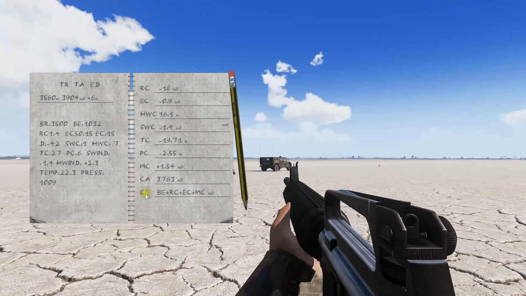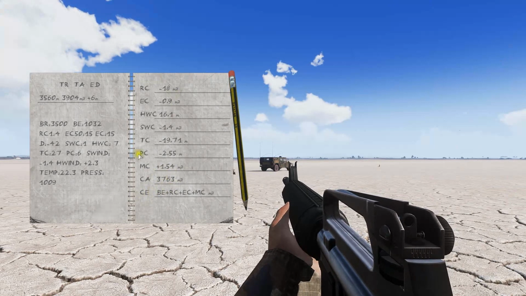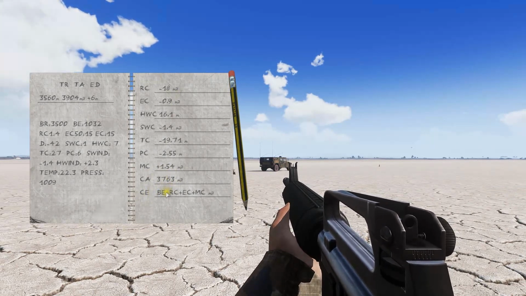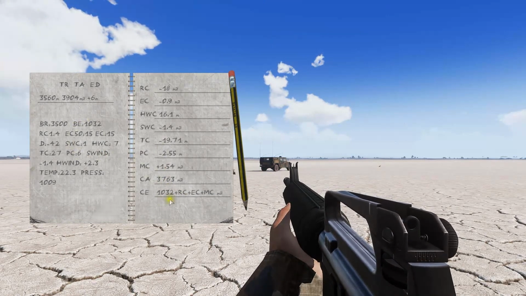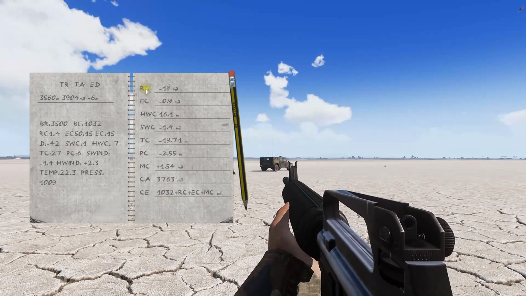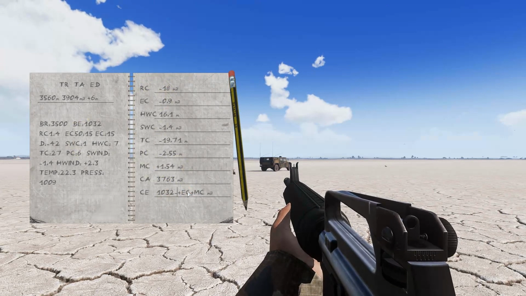And now we have the corrected elevation. What we basically do is add up all the stuff you just calculated. You need the base elevation, which was 1032 mils, and you need the range correction, which was minus 18 mils.